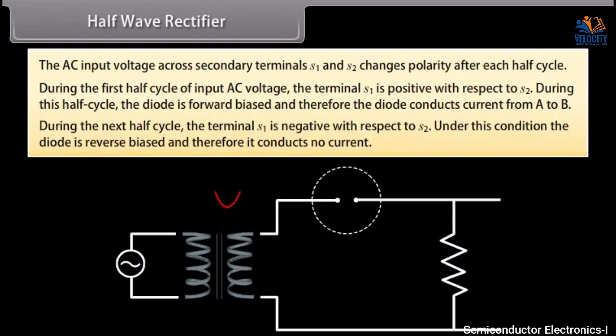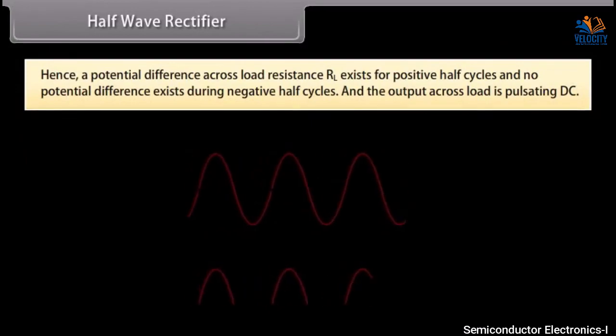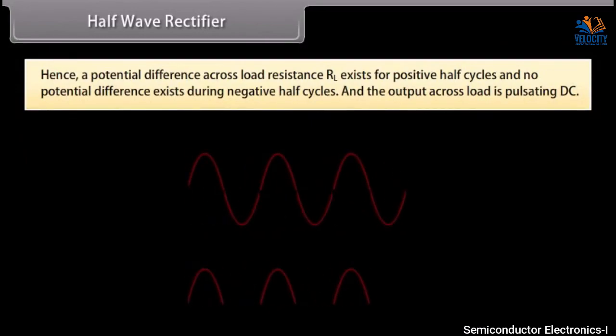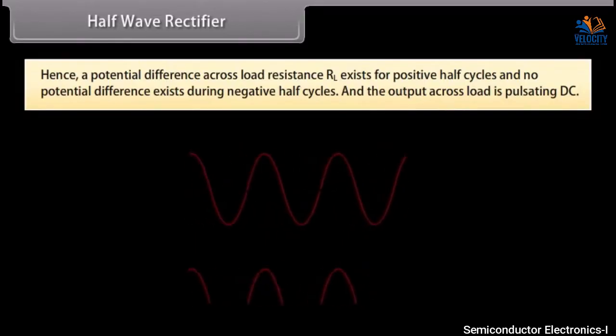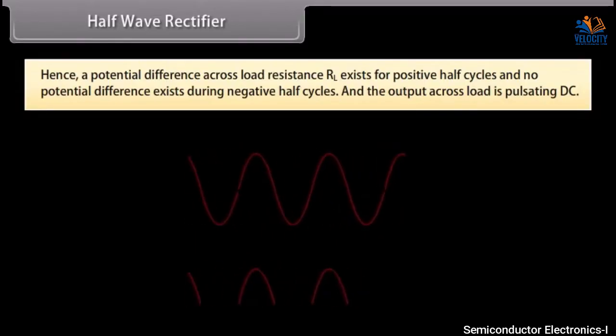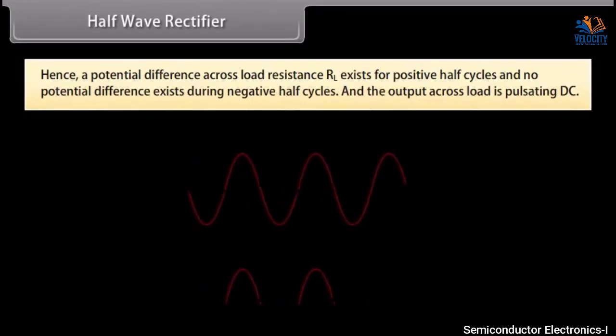Under this condition, the diode is reverse biased and therefore it conducts no current. Hence, a potential difference across load resistance RL exists for positive half cycles and no potential difference exists during negative half cycles. And the output across the load is pulsating DC.